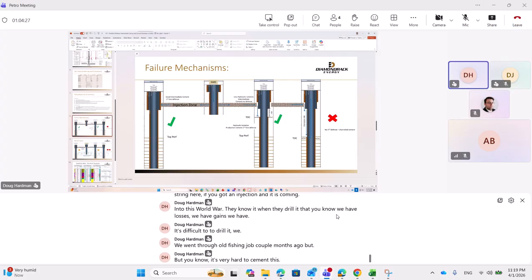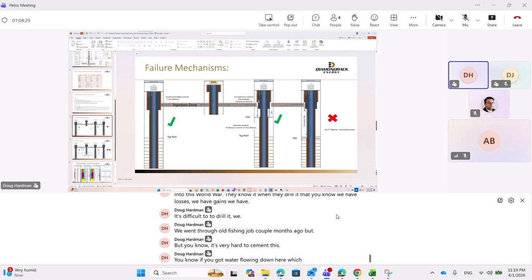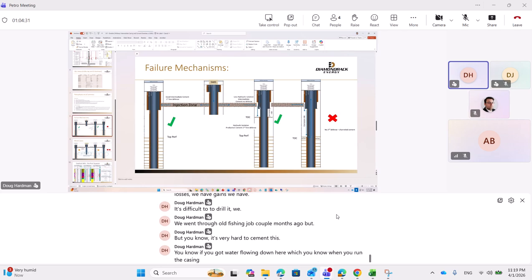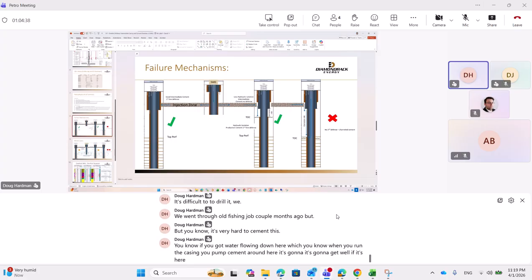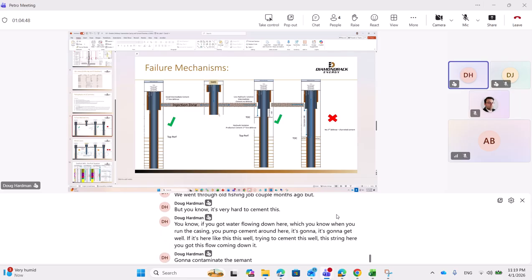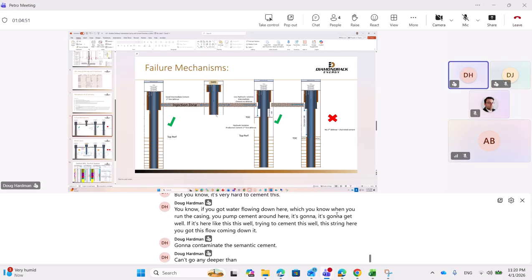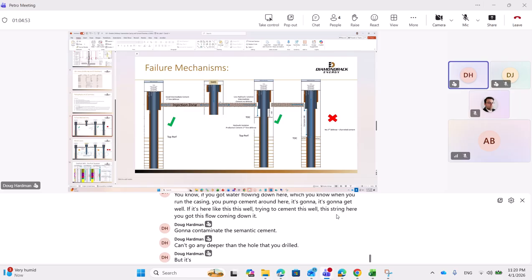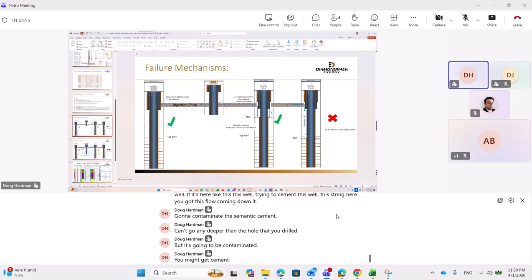If you've got water flowing down here when you run the casing and pump cement around, it's going to contaminate the cement. The cement can't go any deeper than the hole that you drilled, but it's going to be contaminated. You might get cement returns, you might not. It's going to be pretty poor cement.